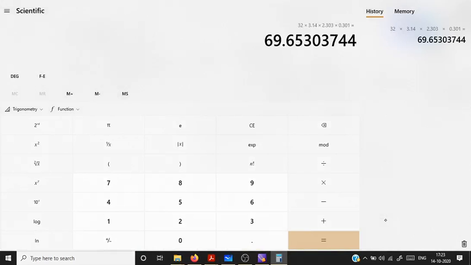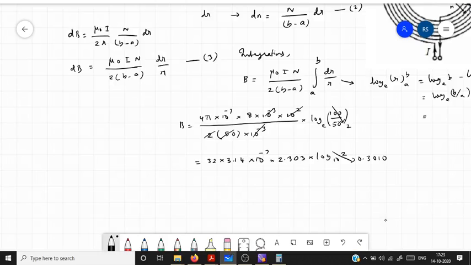So the answer is 69.65, approximately 70. We will write both. 69.65 into 10 power minus 7 Tesla, or approximately 70 into 10 power minus 7 Tesla, which can be written as, if you bring the decimal point over here, you are reducing the decimal place by 1, so it's 7, and you have to increase the power by 1, so 10 power minus 6 Tesla, which can also be written as 7 micro Tesla.